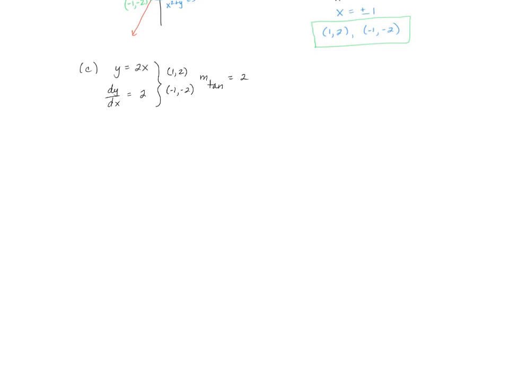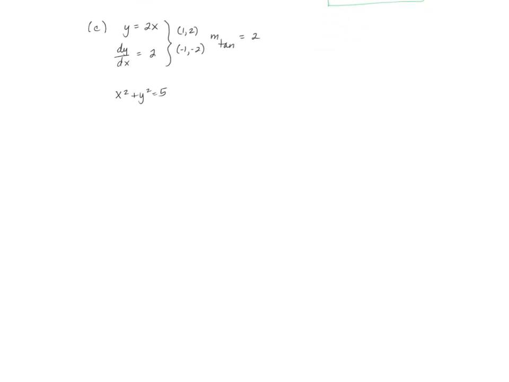So let's look at x squared plus y squared equal to 5. Unfortunately, to compute the derivative, I'm going to have to use implicit differentiation. So the x squared becomes 2x plus the y squared becomes 2y dy dx, and the derivative of 5 is 0.